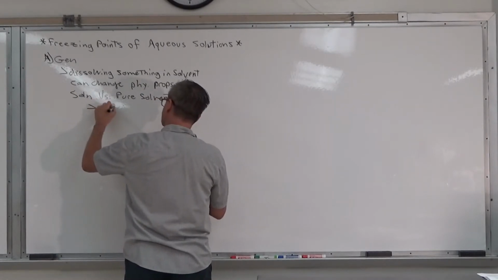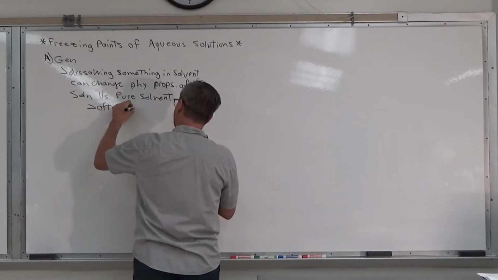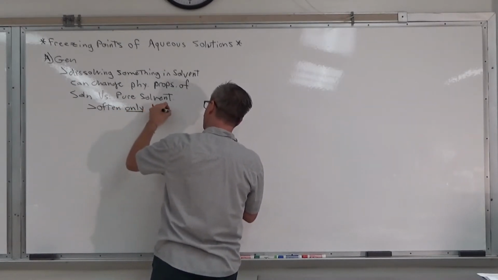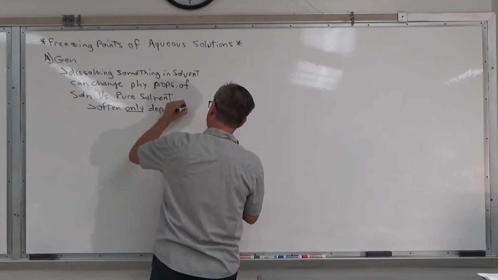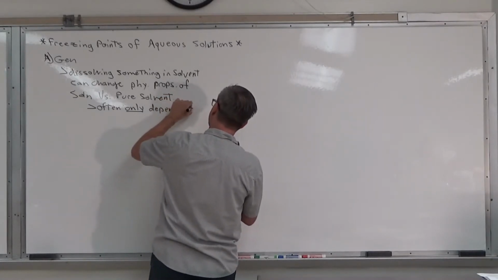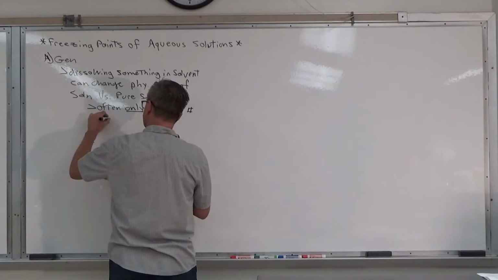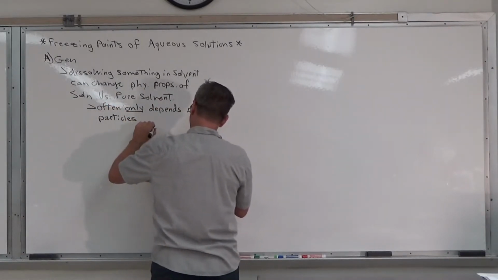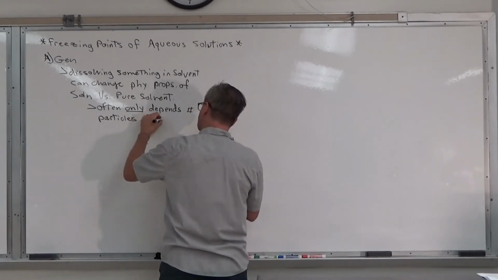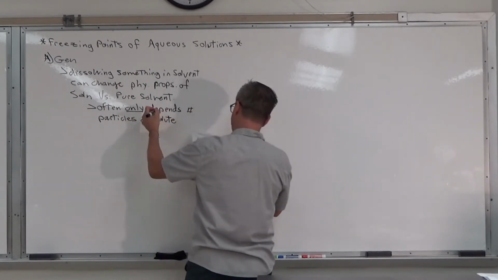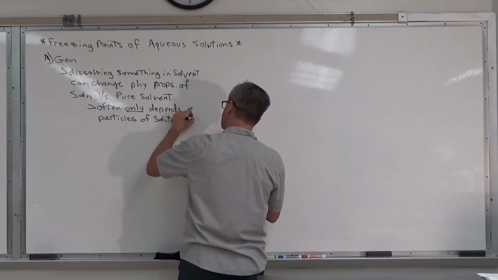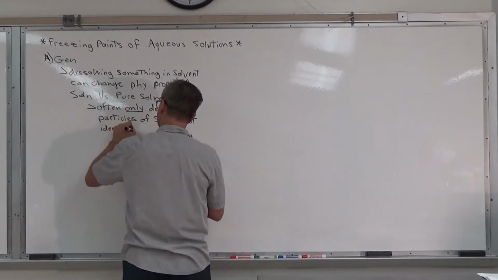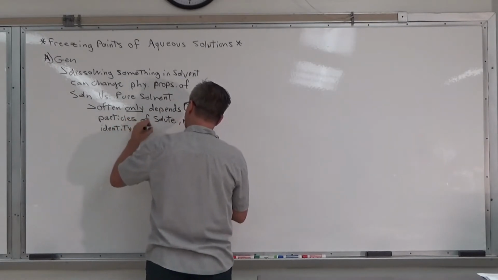Often it only depends on the number of particles of solute, and not the identity. Remember, solute is the thing that you dissolve in a solution. And that is a colligative property.